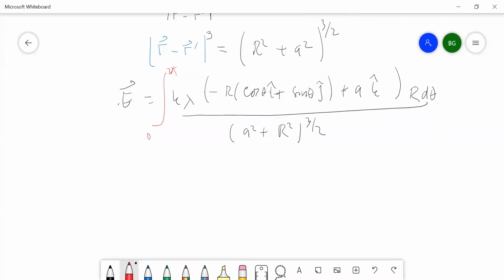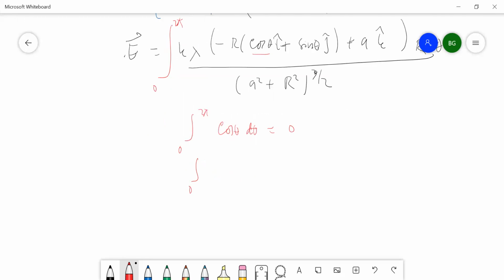So you see that this part, for example, the integral of cos theta d theta from 0 to 2 pi equals 0.